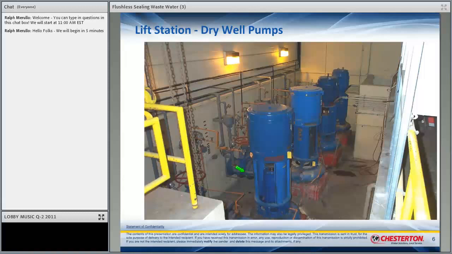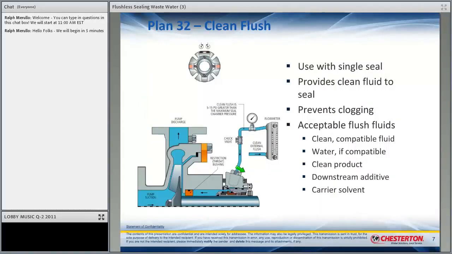So all different sizes. So let's talk about flush for a second. Now, the traditional solution in mechanical seals is a flush. And the reason is the other description for a mechanical seal is a liquid lubricated face seal, right?